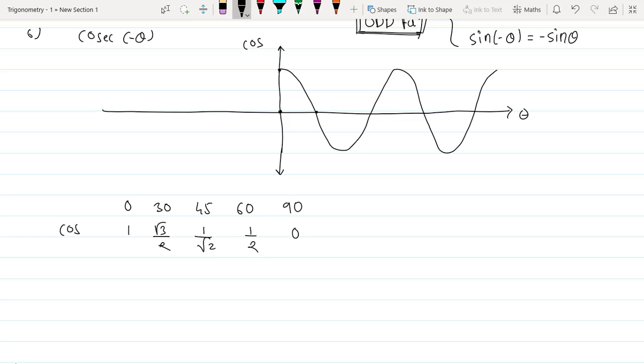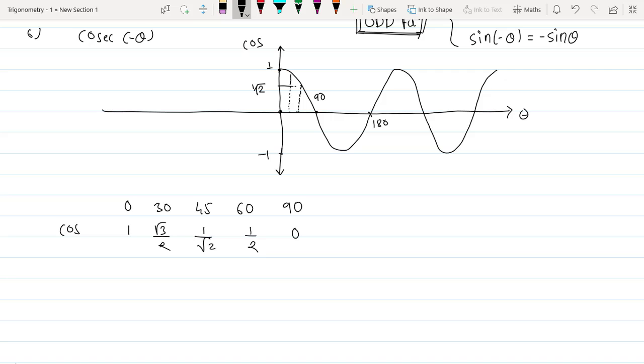See here, at 0 the value is 1, so this is 1 and this is -1. This is 0, this is 90, this is 180. Now let's first take 45 degrees. For 45 degrees the value is 1/√2.